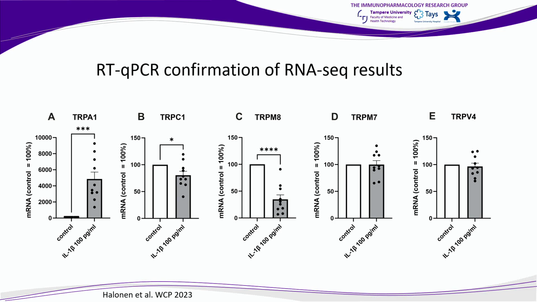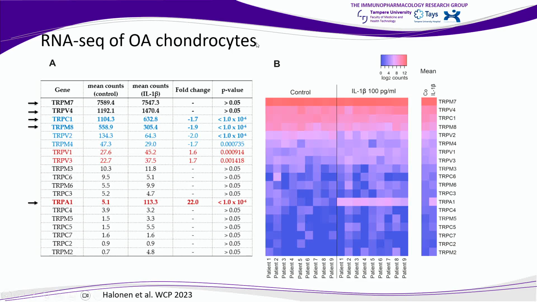We can see the downregulation of TRPC1, and also slightly bigger downregulation of TRPM8 here, while TRPM7 and TRPV4 were not affected by interleukin-1 stimulation at all, which, as we can see here, is in concordance with our RNA-seq results.